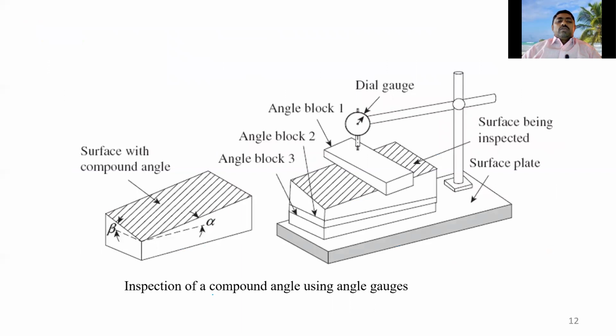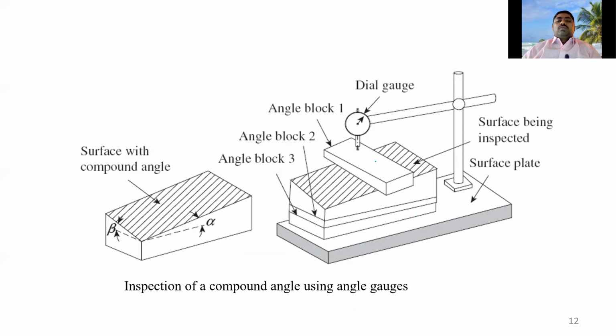This figure shows the inspection of a compound angle. This component makes angles with both planes. In two planes, this component is making the angle. So we need to check the angle using the angle gauges. We place the workpiece on the surface plate, and then we use the angle gauges for setting.